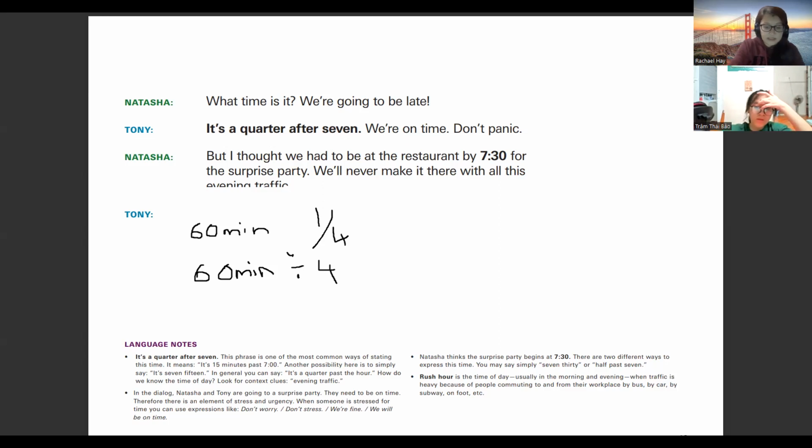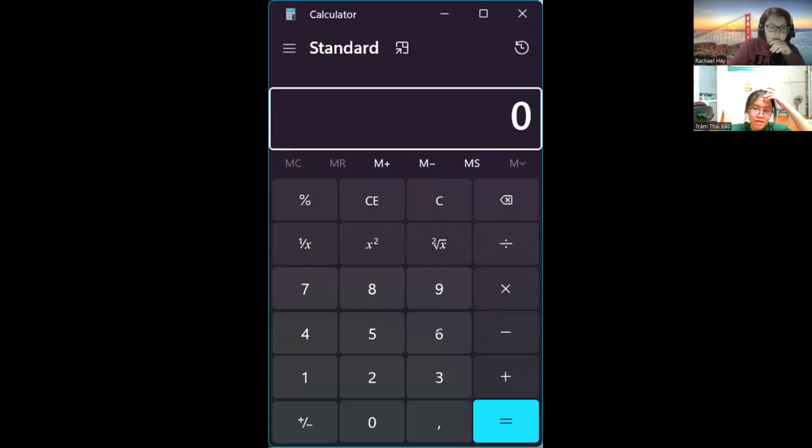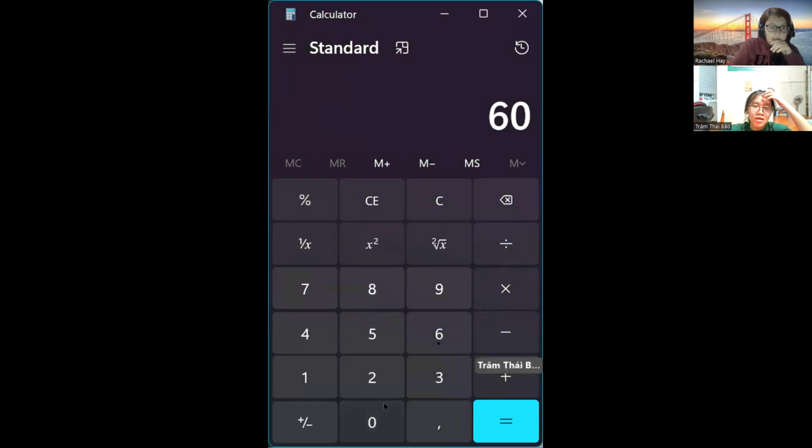Let me get the calculator just so you can see. If I go 60 divided by 4, it gives me 15.